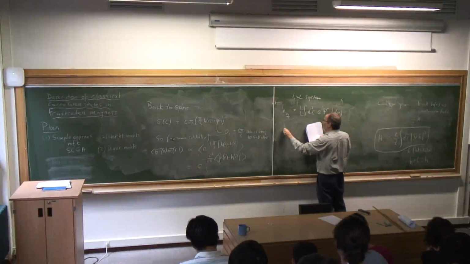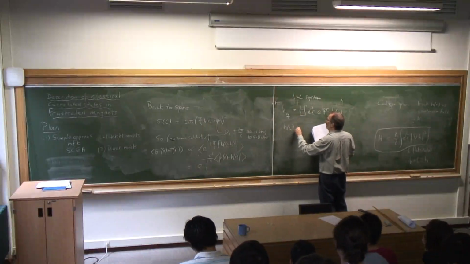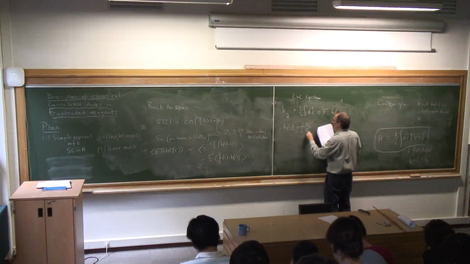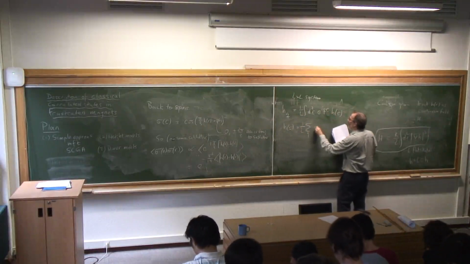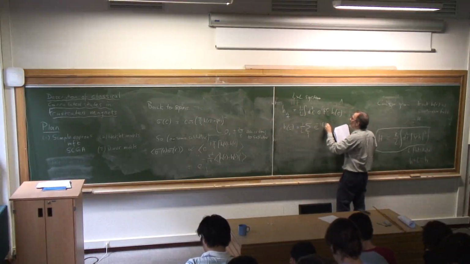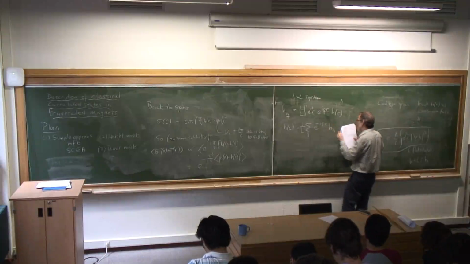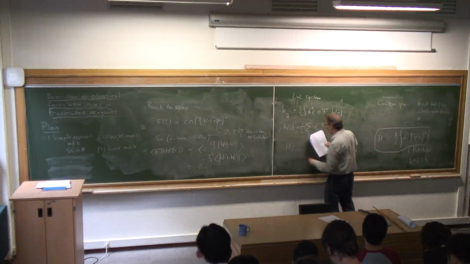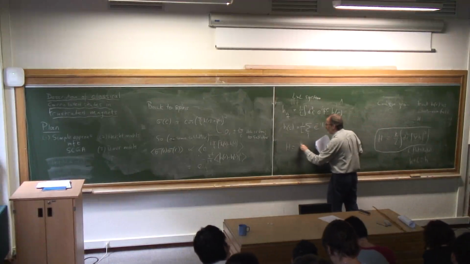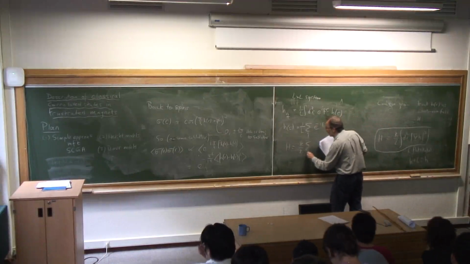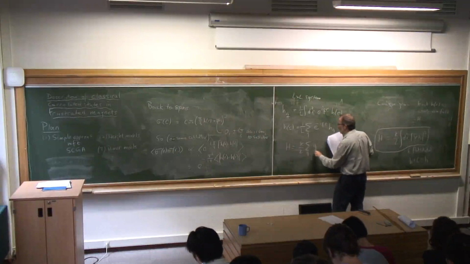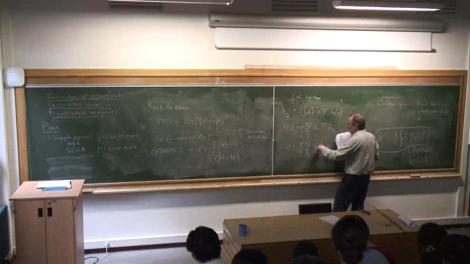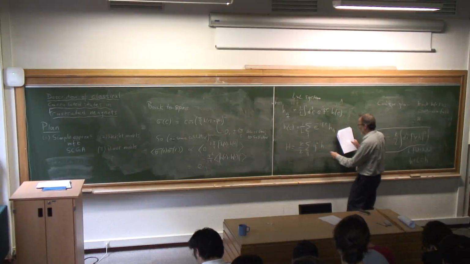And then h of r will be the inverse transform. And if I Fourier transform this effective Hamiltonian, then because of the gradient, I get q squared.